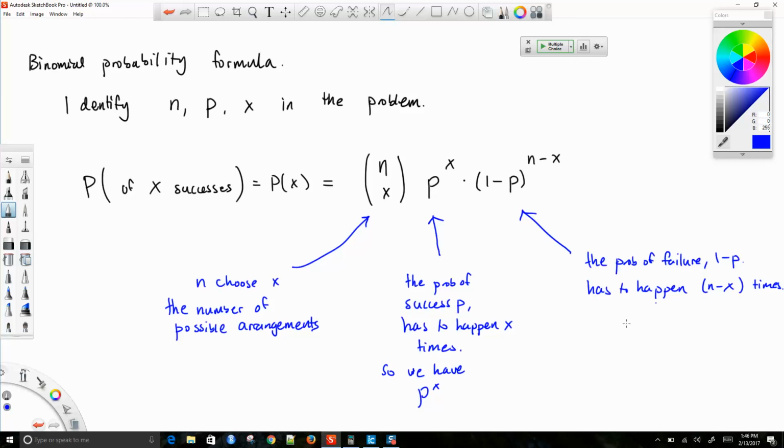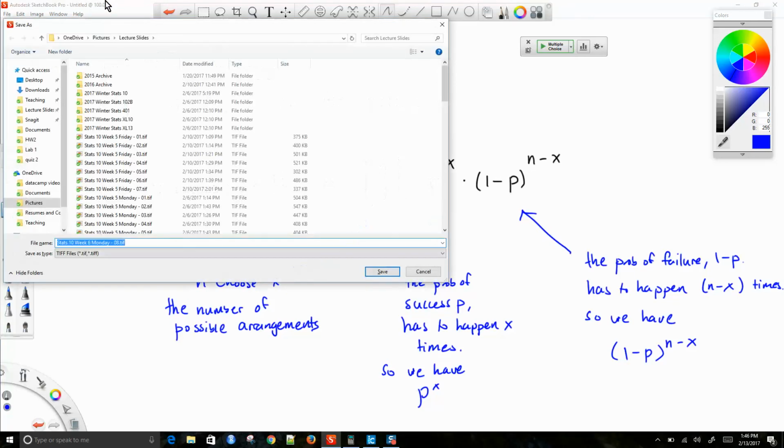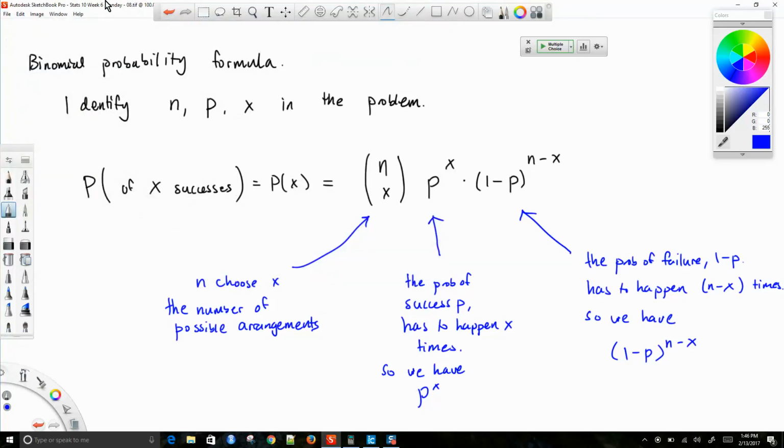So we have 1 minus p raised to the n minus x. Does that seem good with everybody?